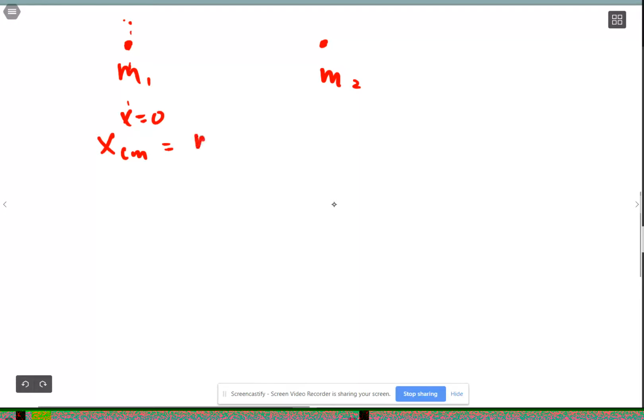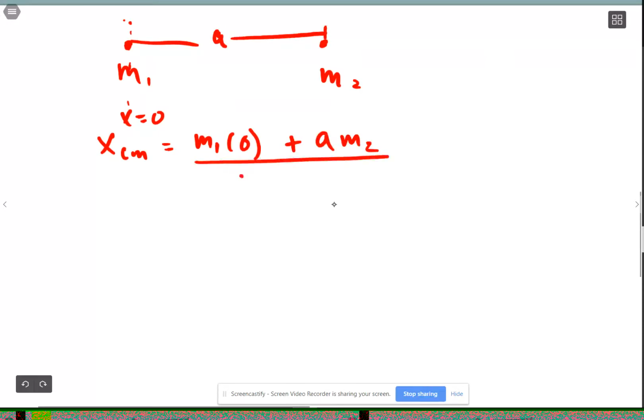So it's going to be m1 times 0. These are separated by distance a. So that's my center of mass position.